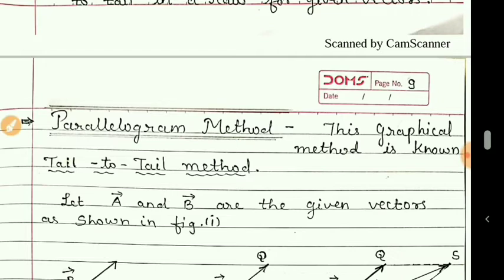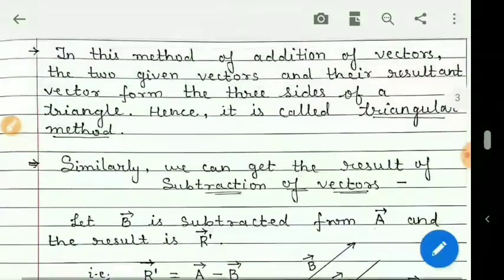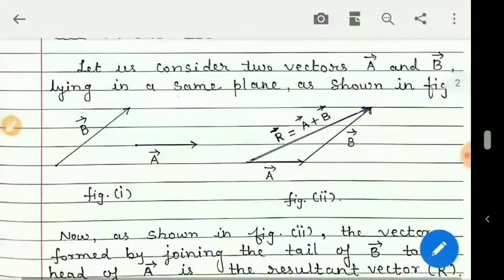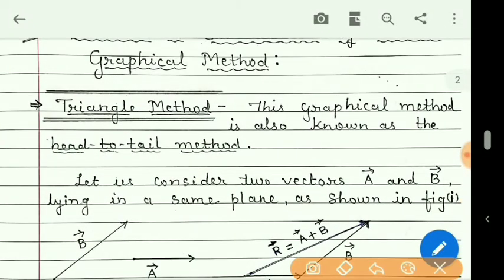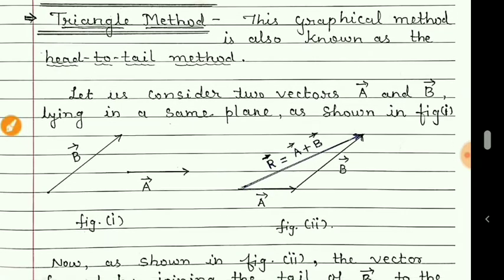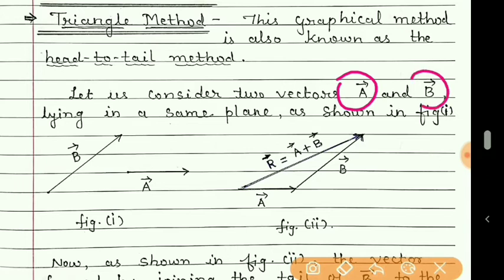So let us first see the method of triangle. Now in this triangle method, which is a graphical method, this method is also known as head to tail method. And why it is called head to tail method, we will see here. Now here we have to consider two vectors, vector A and vector B.